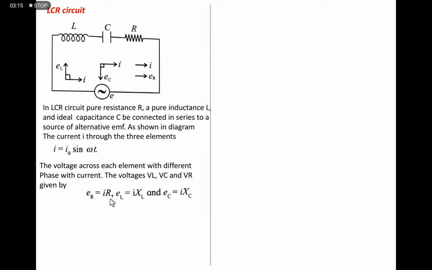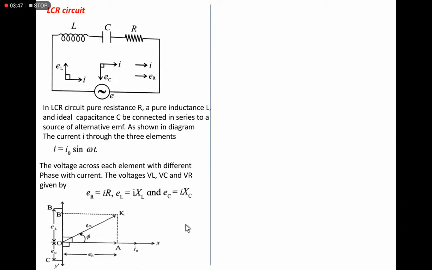Here R is the resistance, XL the inductive reactance, and across the capacitance, EMF is I XC. XC is the capacitive reactance, meaning opposition to the flow of the current. In inductance, the opposition to the flow is the inductive reactance, and in the capacitance it is the capacitive reactance.